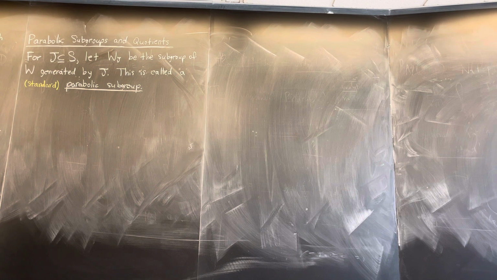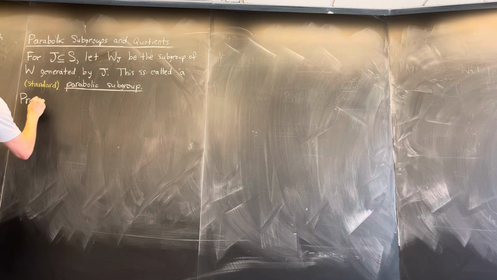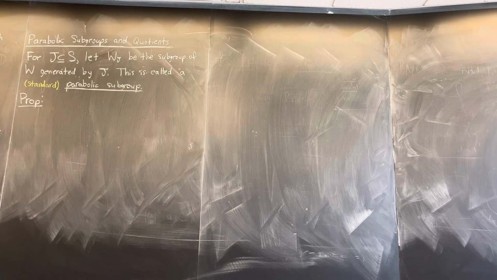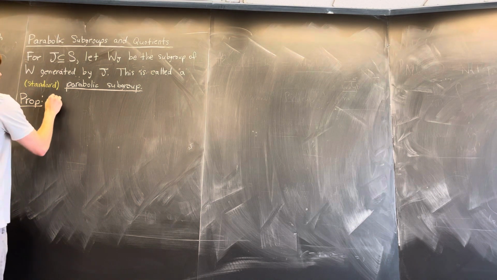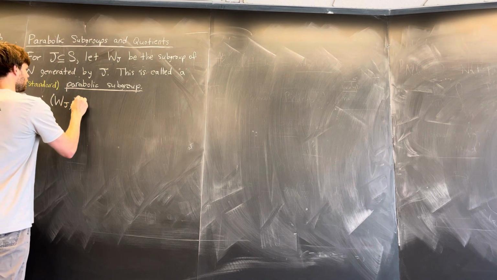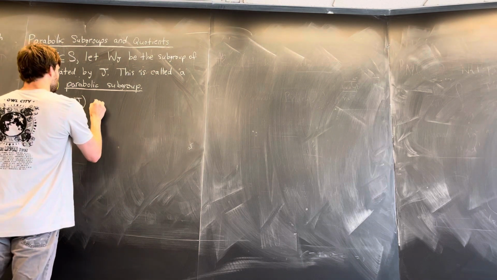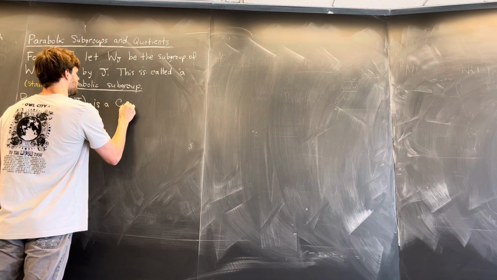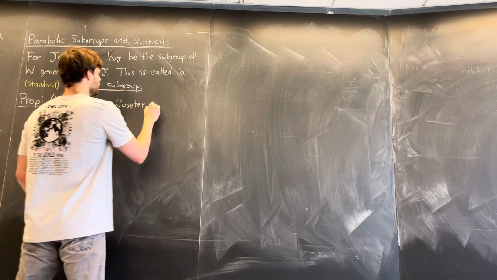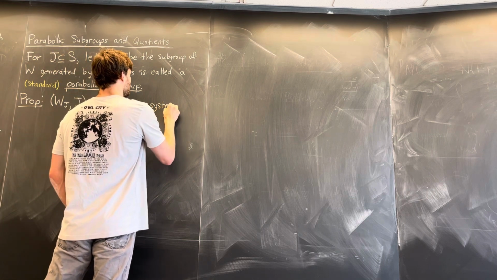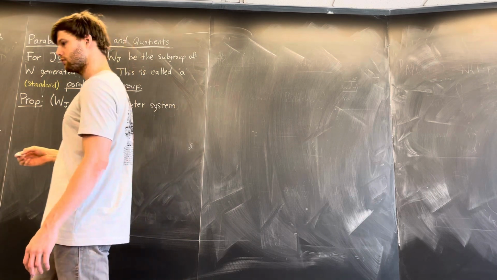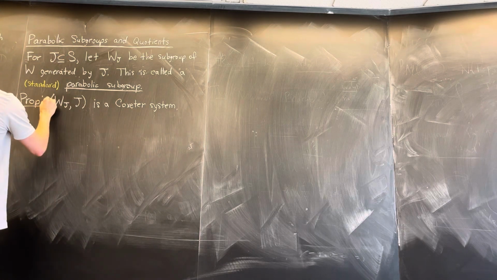Okay, so here's a proposition. I think I will not prove it, but it's good. First of all, if I take my parabolic subgroup W sub J with the set of generators J, this is a Coxeter system. I'll do a bulleted list.